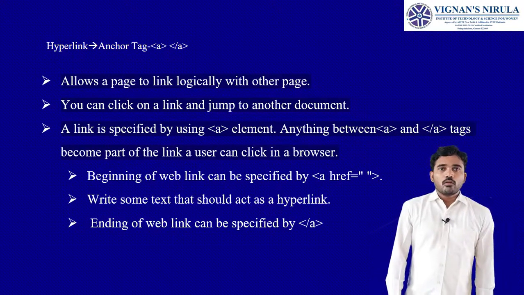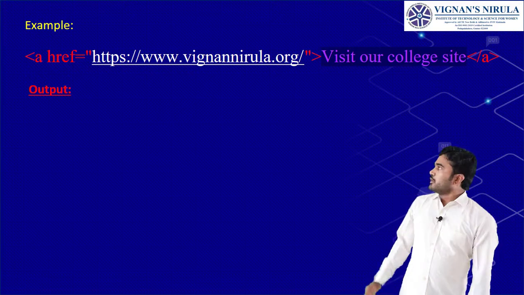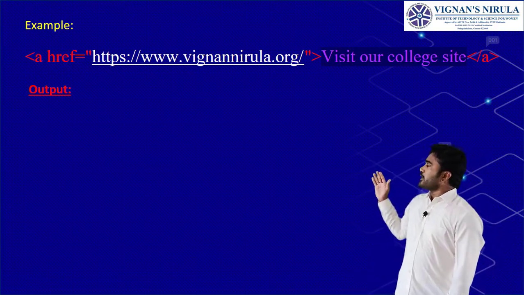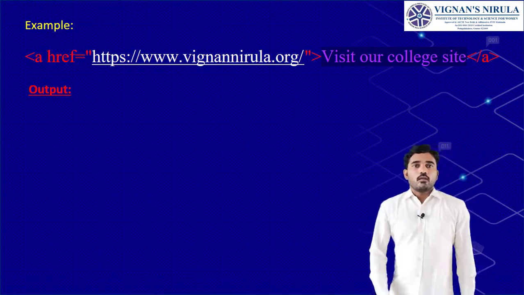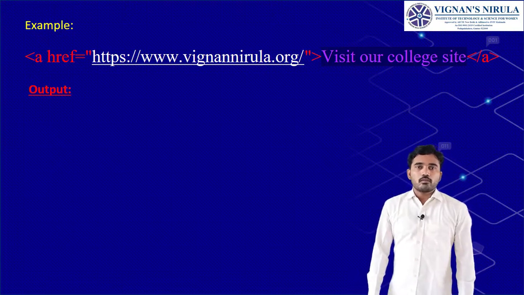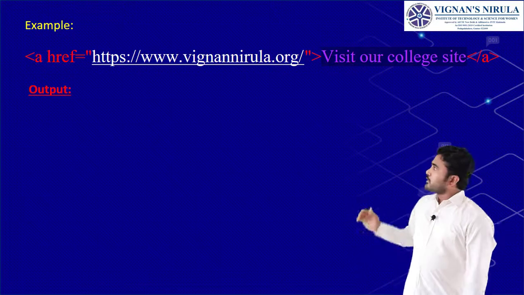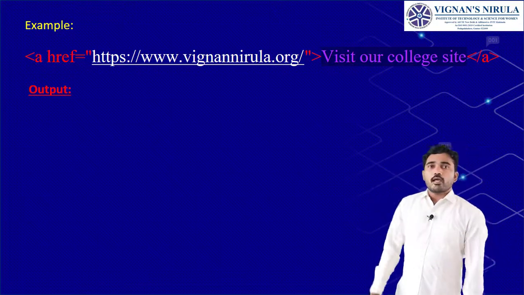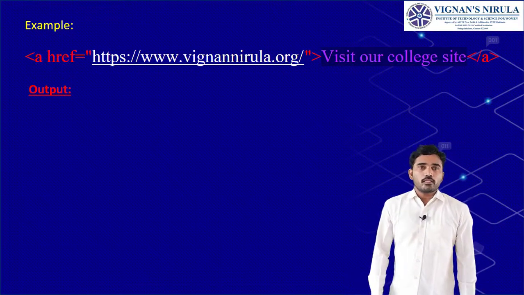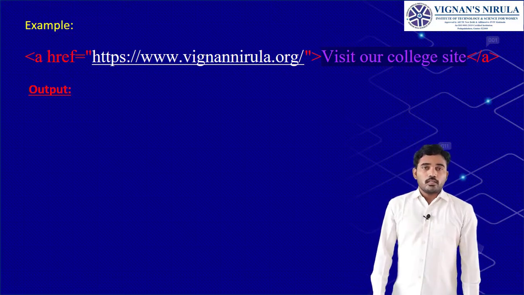Understand? Coming to the example, in this example I have used href equals https://worldwideweb.vignanirula.org, and the text that I have used as a link is "visit our college site". That is the link here.